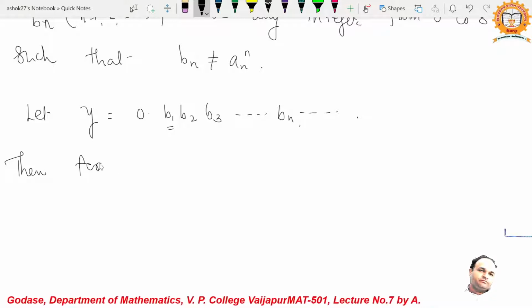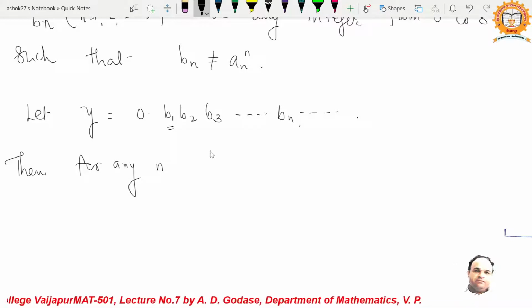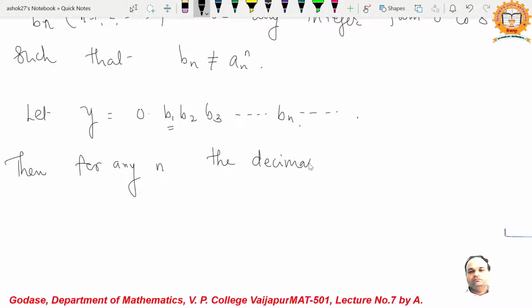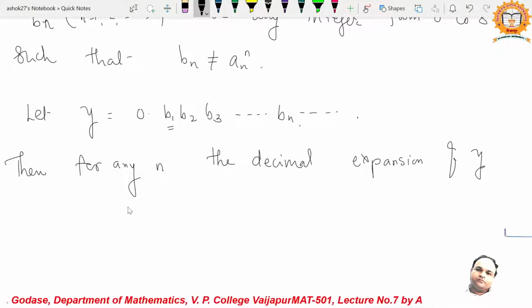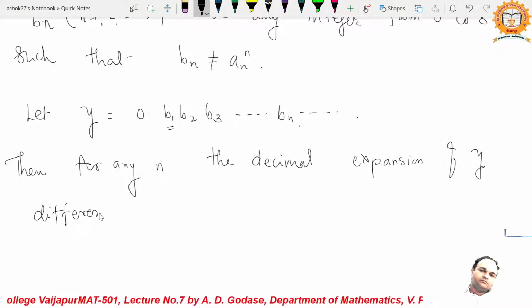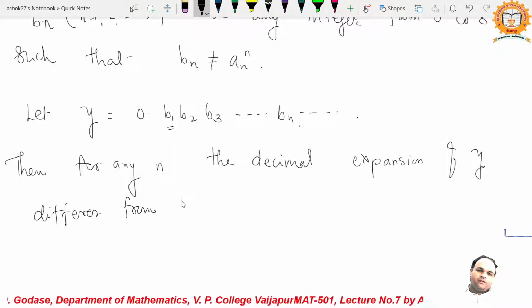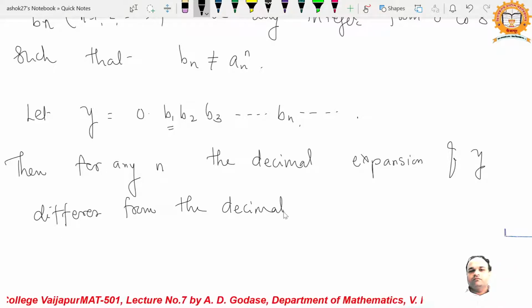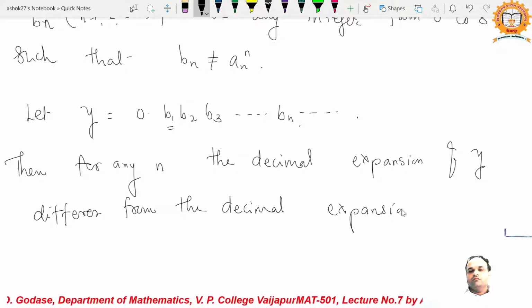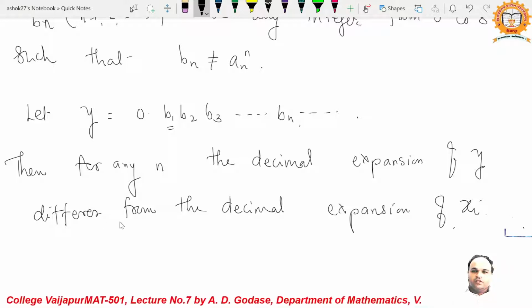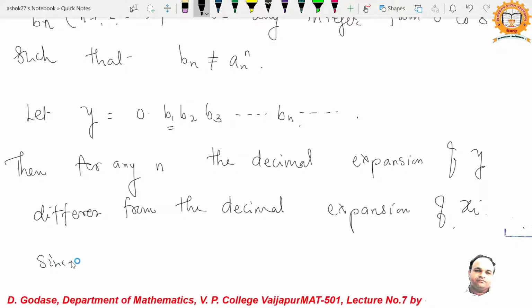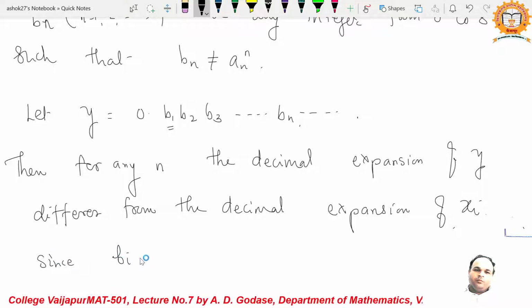For any n, the decimal expansion of y differs from the decimal expansion of xi for i varying from 1 to infinity, since you can write here that bi is not equal to aii.